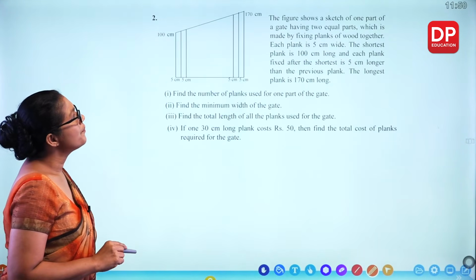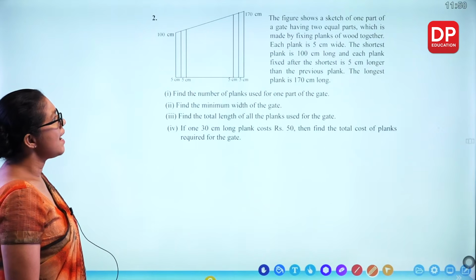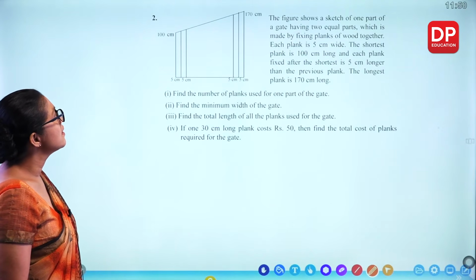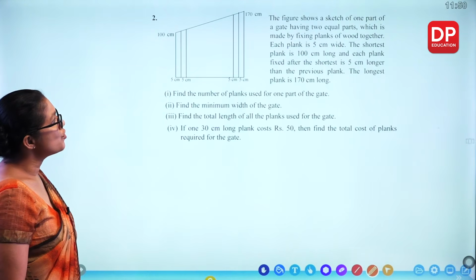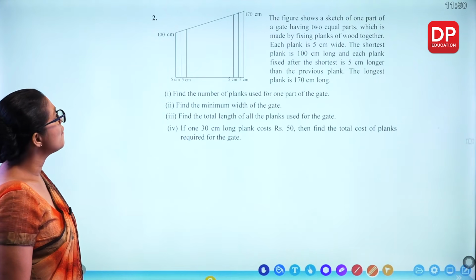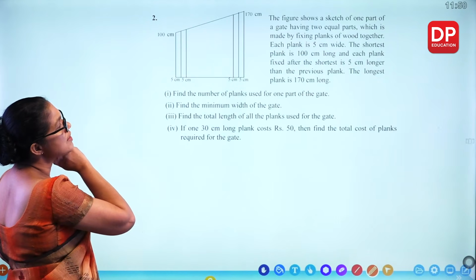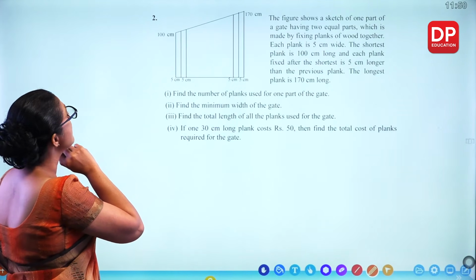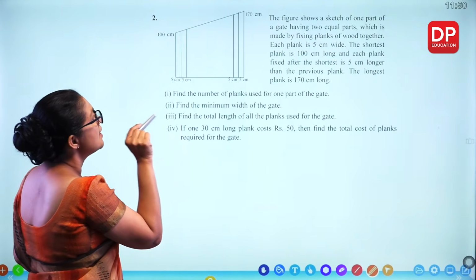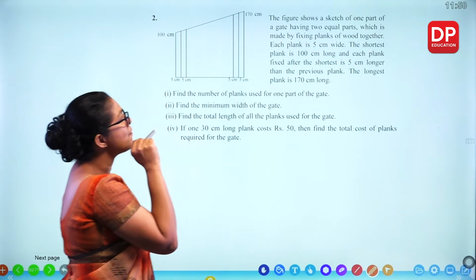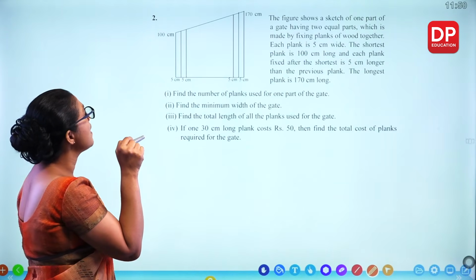Question number 2. The figure shows a sketch of one part of a gate having 2 equal parts, which is made by fixing planks of wood together. Each plank is 5 centimeter wide. The shortest plank is 100 centimeters, and it says each plank fixed after the shortest is 5 centimeter longer than the previous plank.